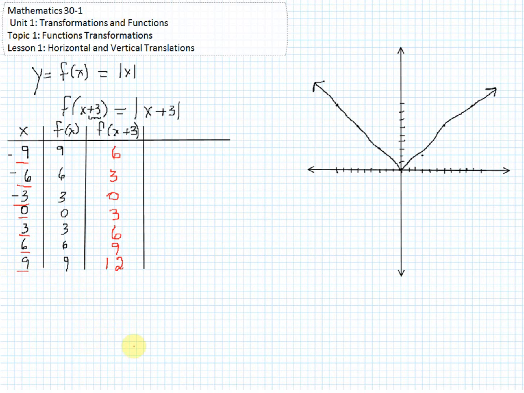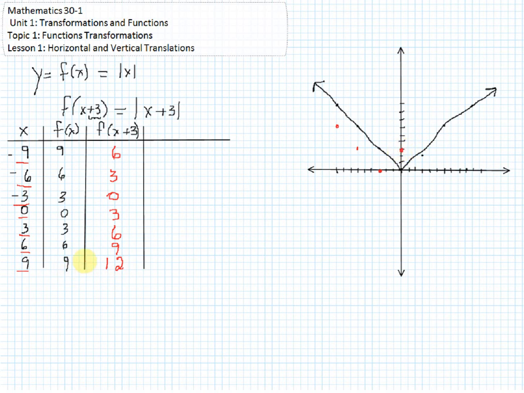So we have negative 9, so we move out horizontally. Negative 9. This time, rather than going up 9, though, we go up 6. So 1, 2, 3, 4, 5, 6. Then when we go out negative 6, we end up going up 3, 1, 2, 3. And we go negative 3, and that gives us a y value of 0. So here we are. We have x is 0, our y is positive 3, so that point is right here.